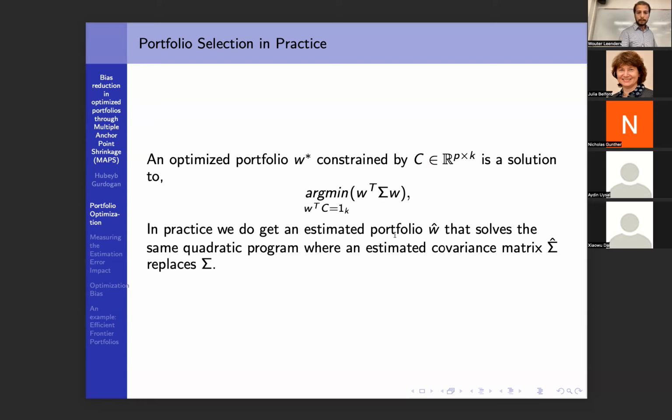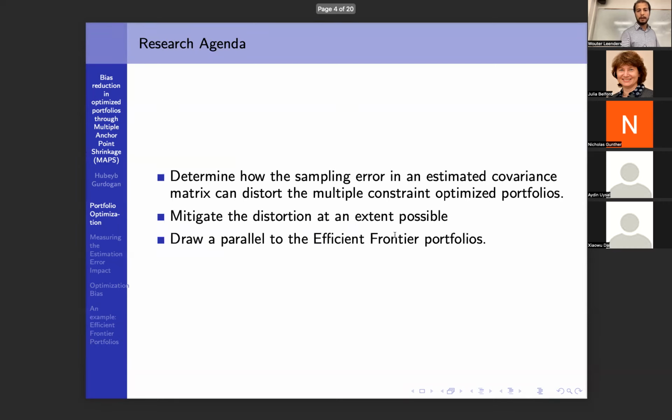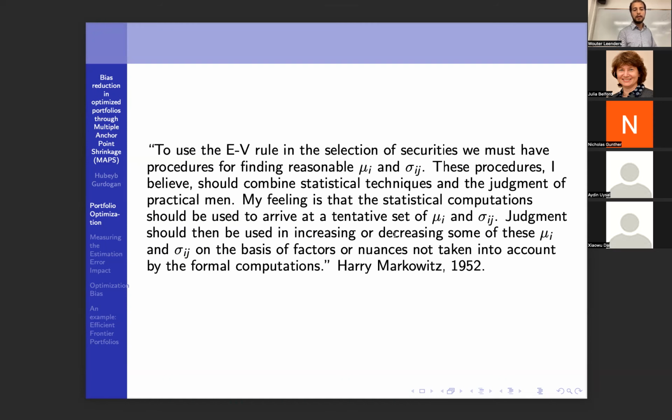I'm going to quote some words of Harry Markowitz, who introduced the EV rule, these quadratic optimization schemes. In this quote, he says that in order to get a good estimate of the covariance matrix, we should use statistical techniques. He also speaks about the estimate of the expected returns, but we concentrate on the estimation of the covariance matrix in this work.